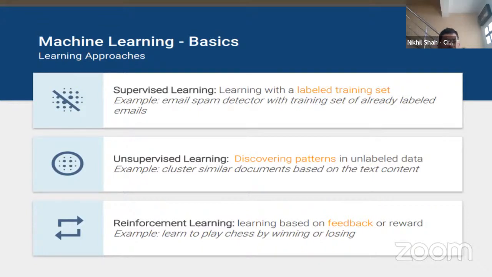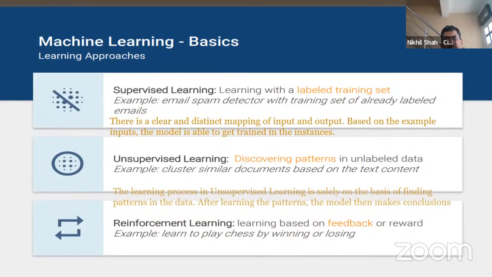Amazon does this all the time, where they will give you recommendations, looking at your history, that if you have purchased this kind of books, what other books you might like. Okay, so that is all about clustering algorithms or unsupervised learning.